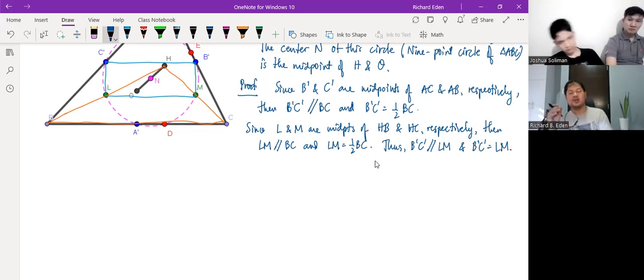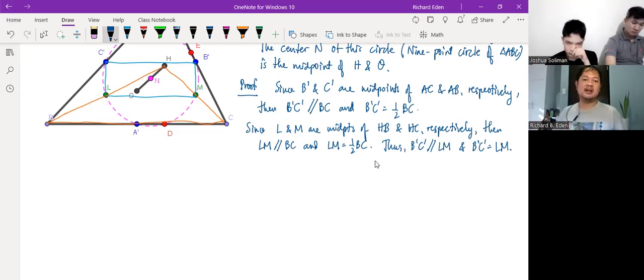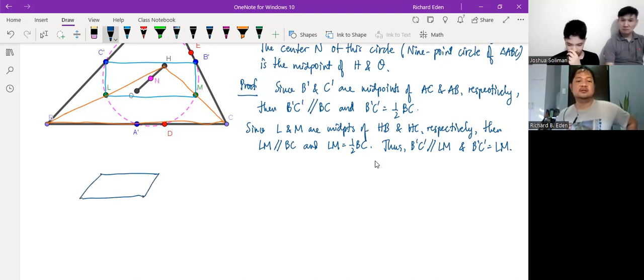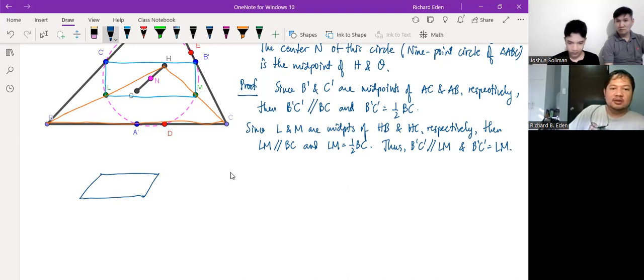So in what seems to be a rectangle, the horizontal sides are indeed parallel and have the same lengths. But what we have at best for now is, who knows, maybe a parallelogram, which is not a rectangle. So what we have to do is show that we have a 90-degree angle there.